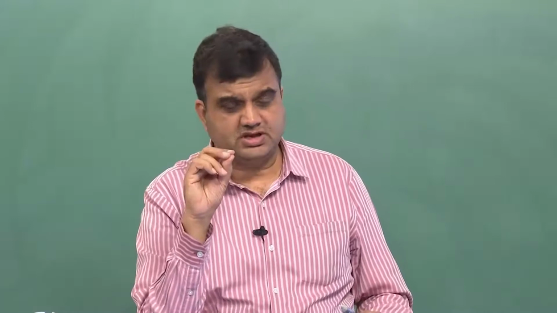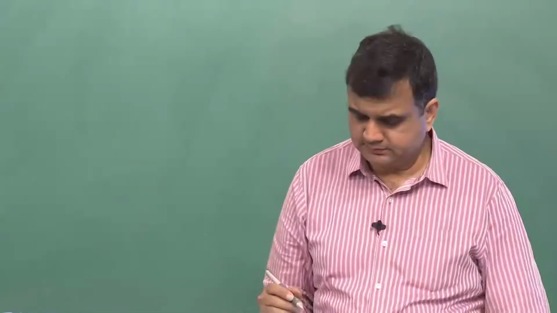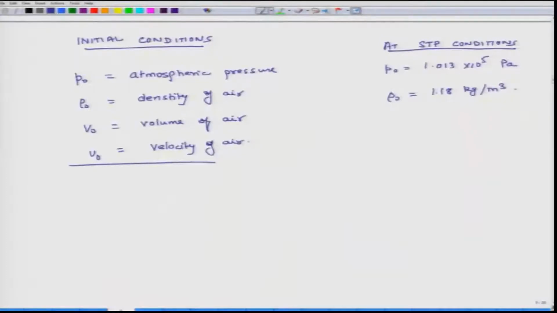Now consider the fact that in such an air there could be a small source which generates sound. When it is generating sound, let us consider the source as the origin, that is, the coordinate of that location is x equal to 0. It could be, let us say, a duct.